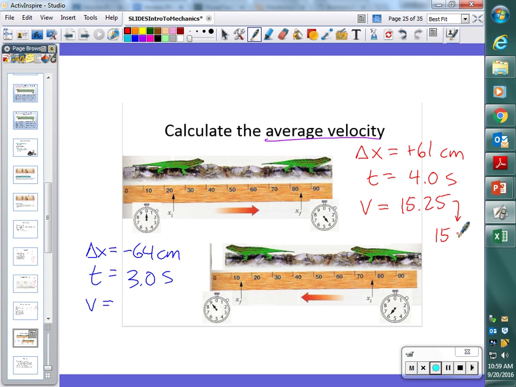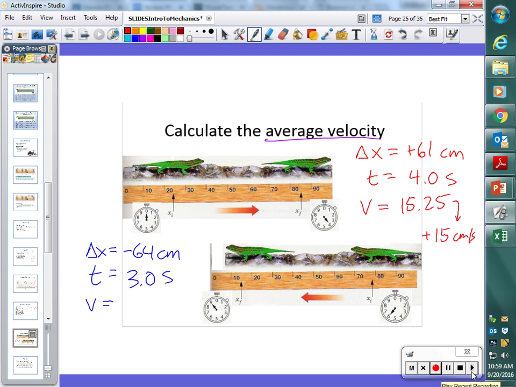So 15 centimeters per second. But also, one thing that we should include on this, because it's a velocity, what does velocity have to tell us? Direction. So really our answer probably should be what? Centimeters a second. No, that's a unit. Positive. There we go. Okay.